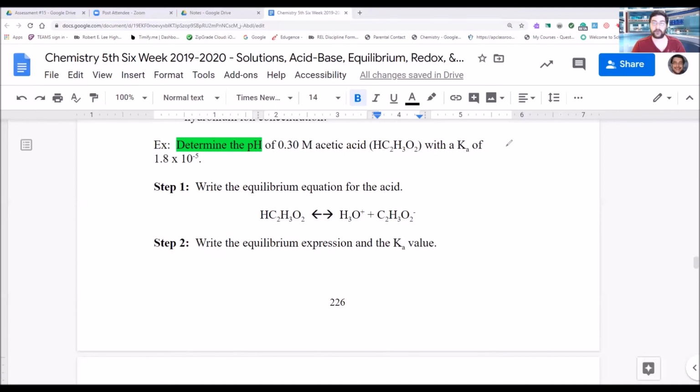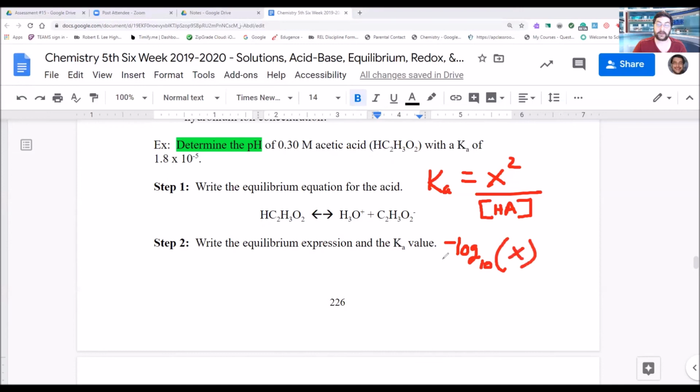Or if it doesn't fit the rules that I just mentioned, that's a weak acid, and you would need to go through the process that I just talked about, where you would have the Ka value once again equal to x squared over the concentration of the weak acid that they give you in the problem. You're going to solve for x, and then you're going to plug x into the negative log formula. So you have negative log base 10, and then you would put x in here, and that's going to give you your correct pH value.